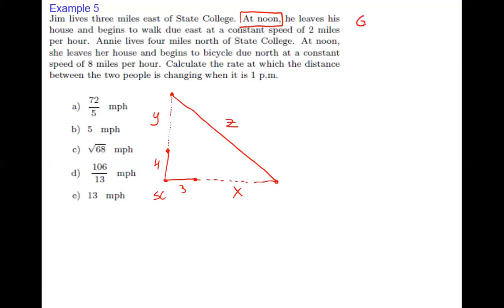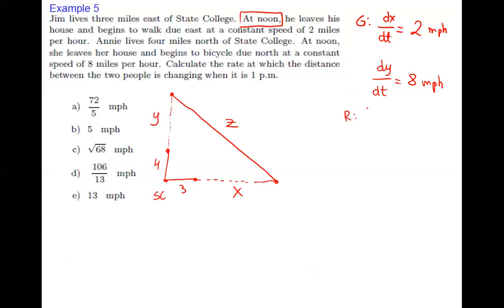The given information is the rate of change of X with respect to time, which is just the speed of Jim, 2 miles per hour. And also the rate of change of Annie, dy/dt. She actually is faster because she's biking 8 miles per hour.